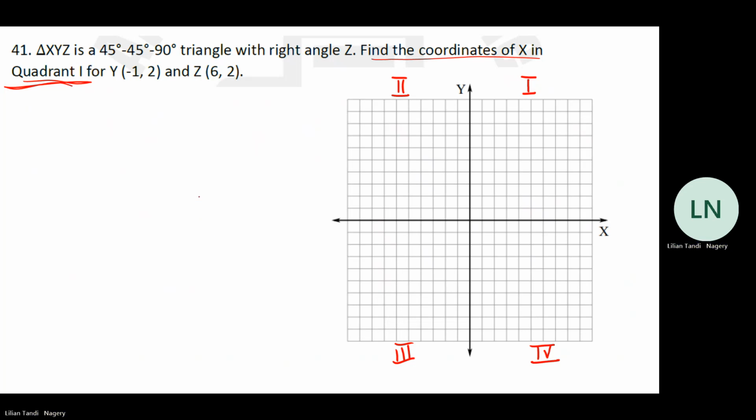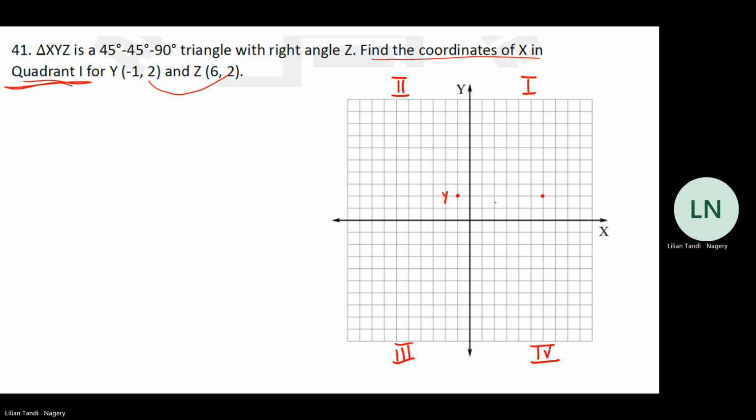Now, I noticed that my points have the same Y, so that means this line is horizontal. YZ is horizontal. So negative 1, 2 is here, and that is Y. And Z is 6, 2. 1, 2, 3, 4, 5, 6 here.